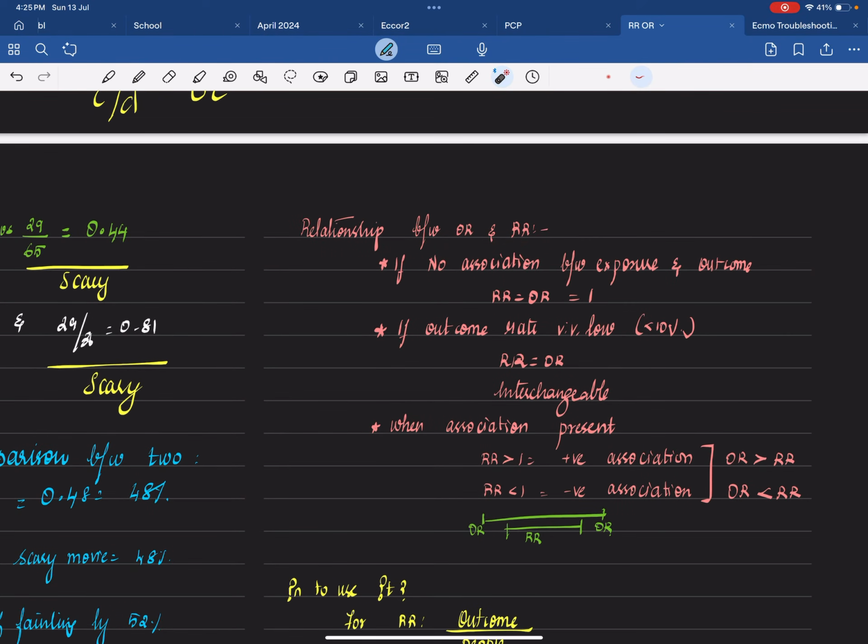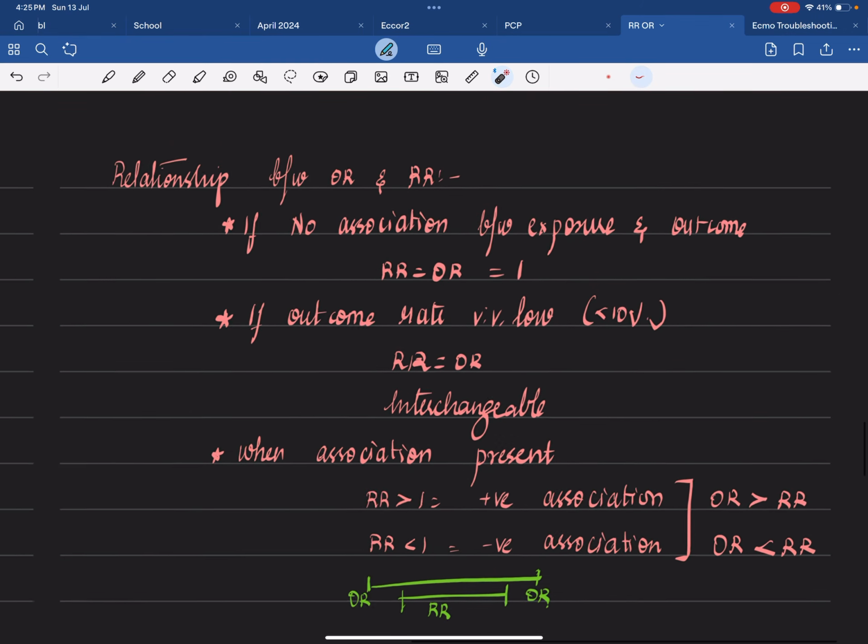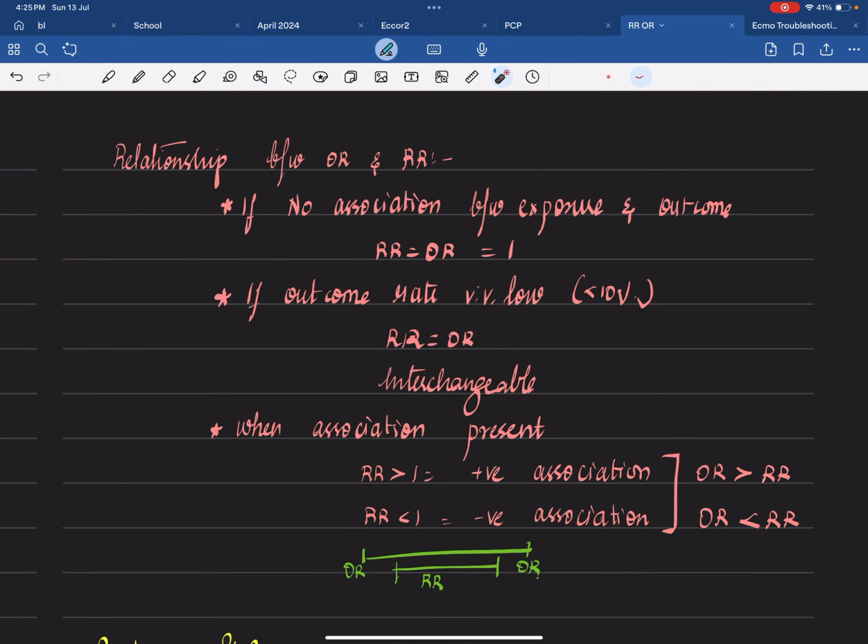One relationship we already saw. If your outcome rate is very, very low, less than 10% event rate, then your relative risk will be equal to your odds ratio. It can be used interchangeably. If there is no association between exposure and outcome, then everything will be 1.